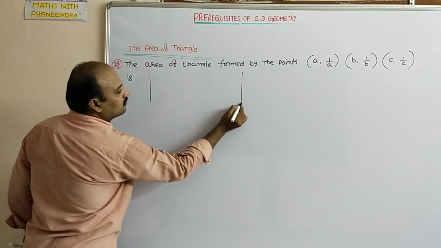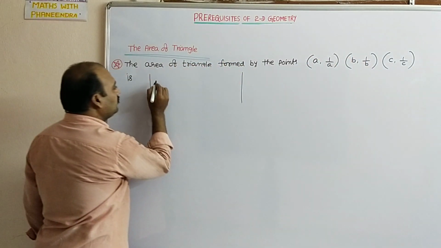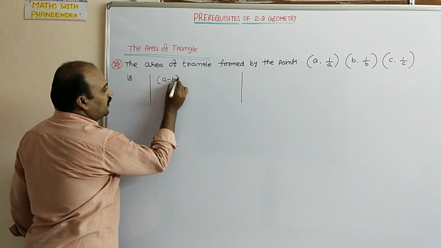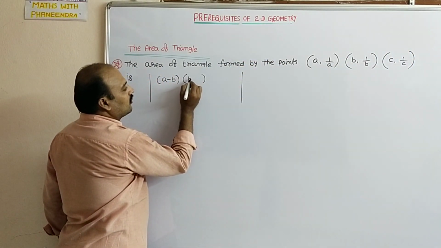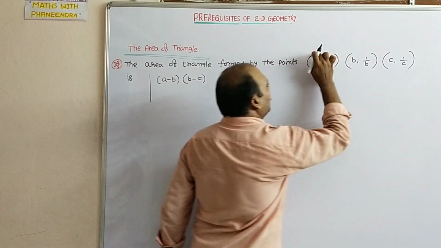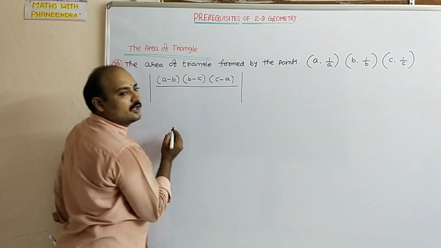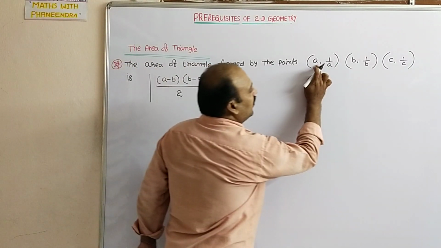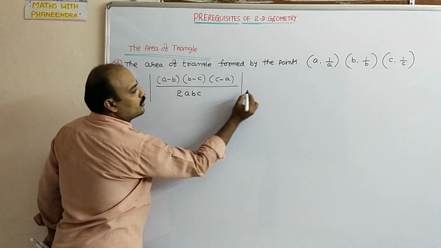mod of (a minus b) into (b minus c) into (c minus a), which is in the modulus, divided by 2 times a into b into c, square units.